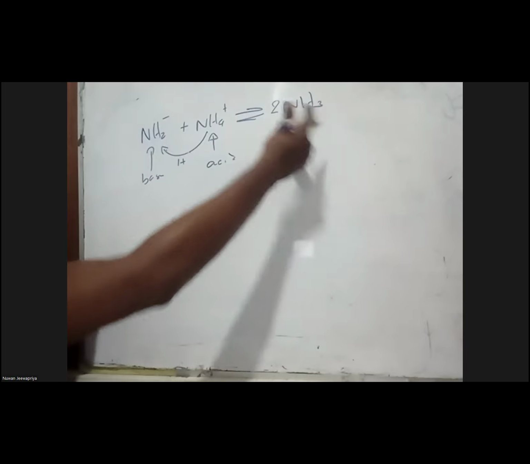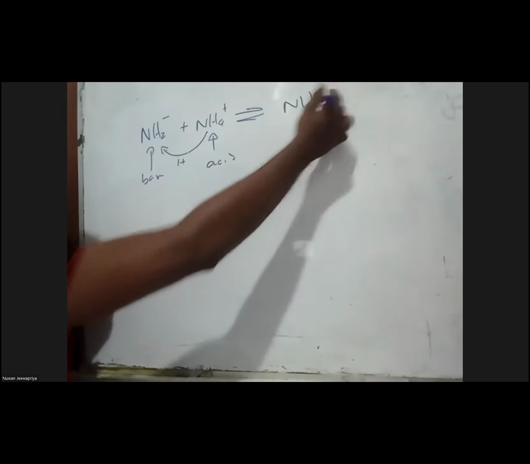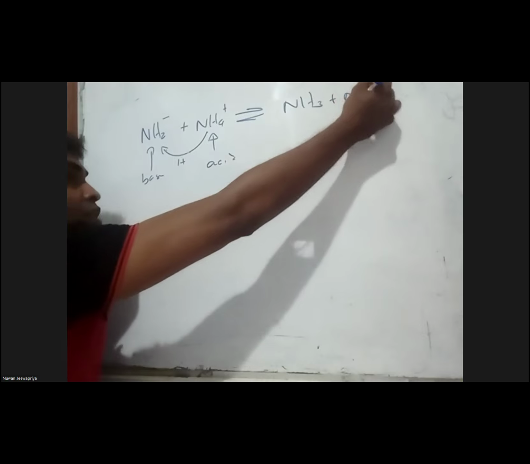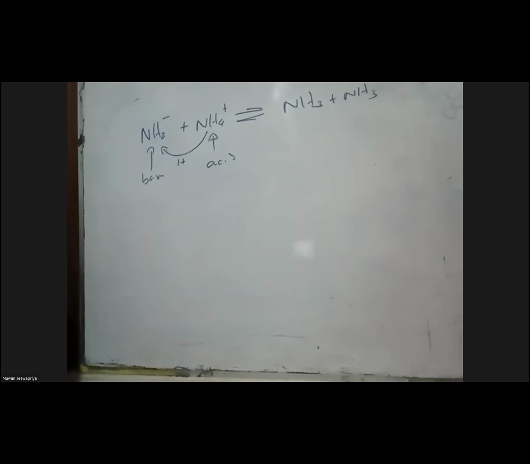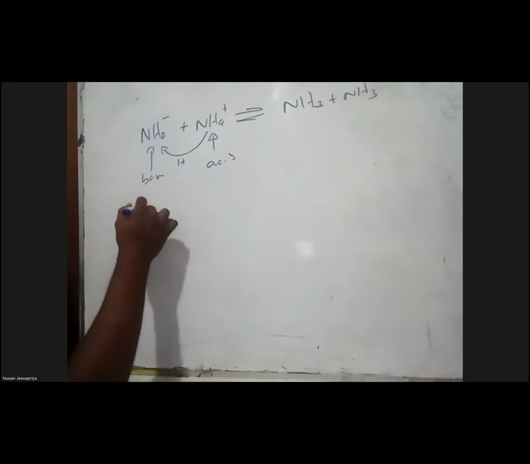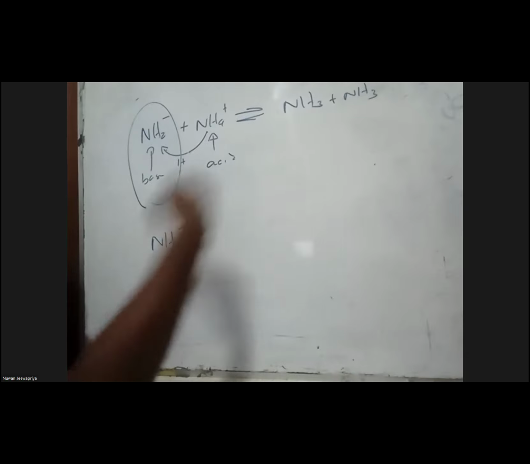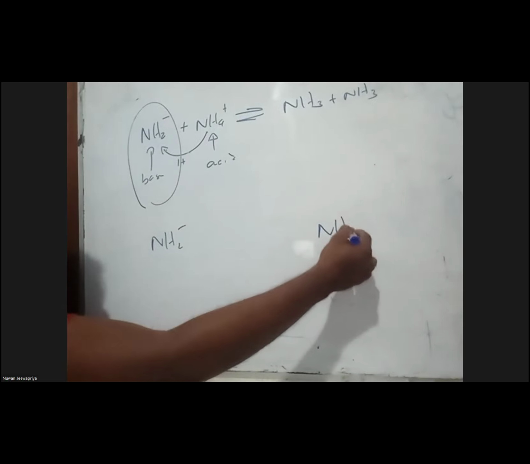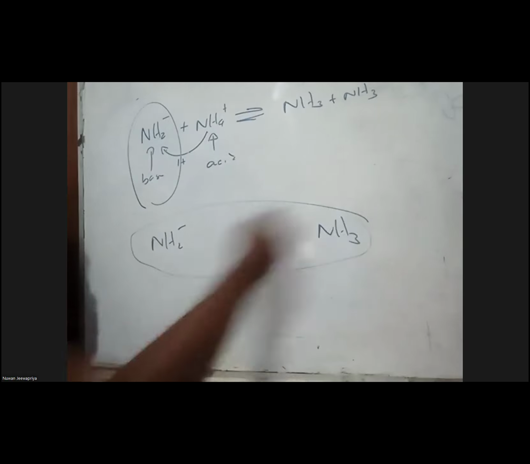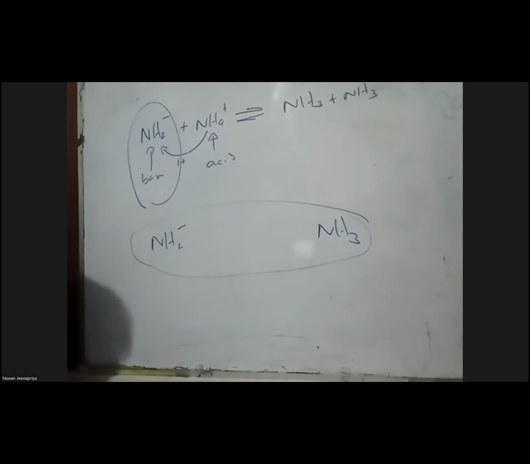Understand that? So which are acting as bases? On this side, who is acting as a base? NH2 minus. On the other side, who is acting as a base? Ammonia. So these two are the couple which act as bases.